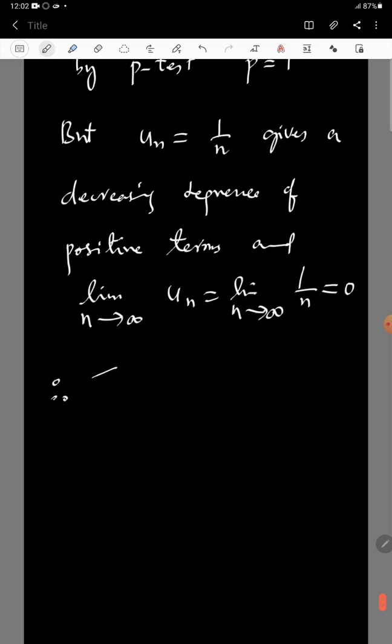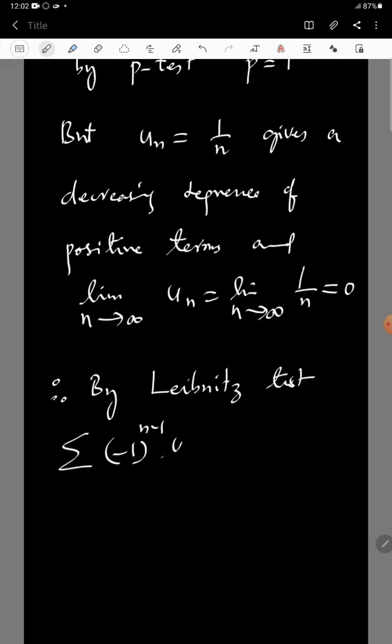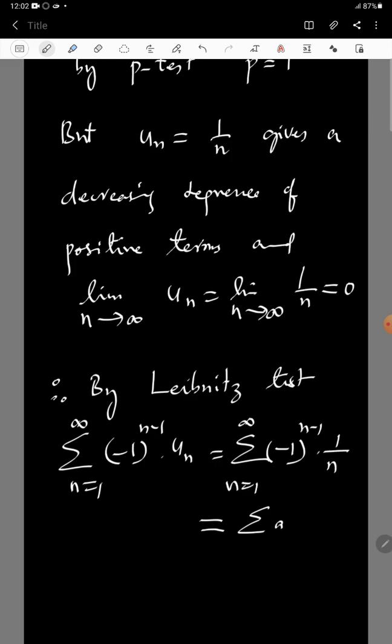Therefore, by Leibniz test, sigma minus 1 to the power of n minus 1 into un, which is nothing but sigma n equal to 1 to infinity minus 1 power n minus 1 into 1 by n, that is nothing but sigma an, is convergent.